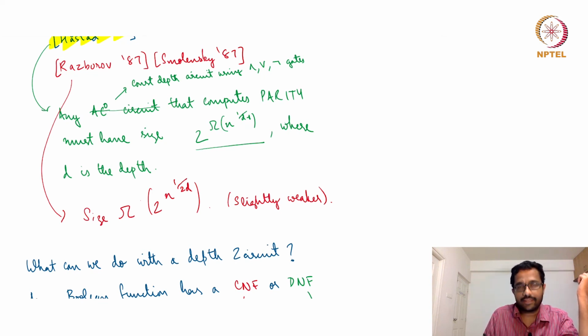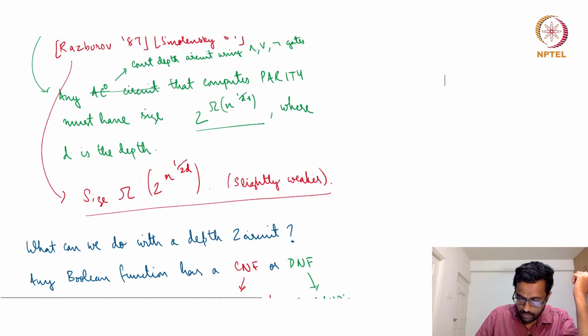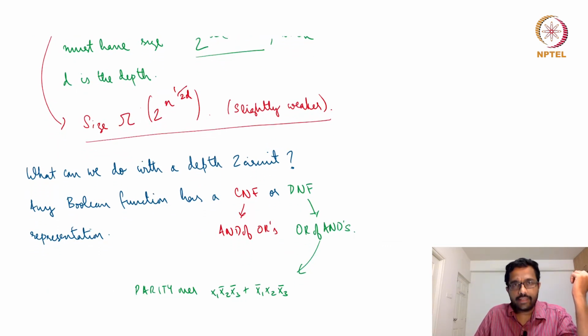The n itself sits in the exponent of 2, but there is a 2 factor here which is not there in Hostad's bound. But we will see the Rasparov-Smolensky's proof. We will see this proof, right? So before getting into the proof, it probably helps to get a feel to what we can do with a fixed depth, right?